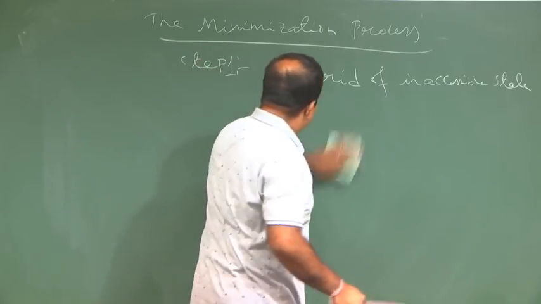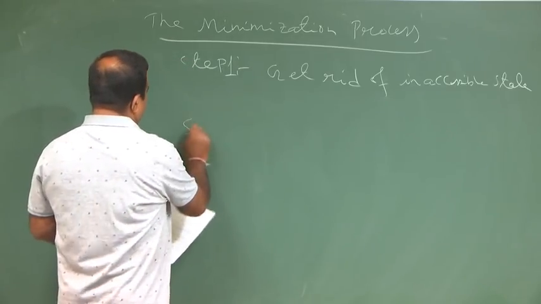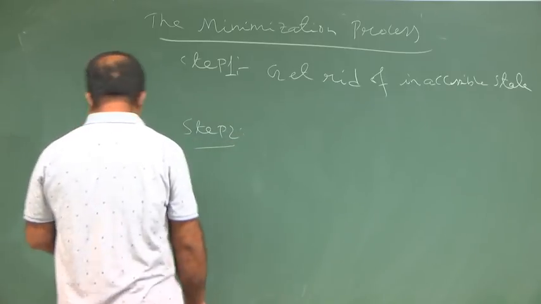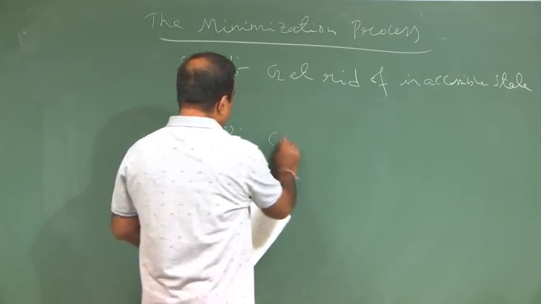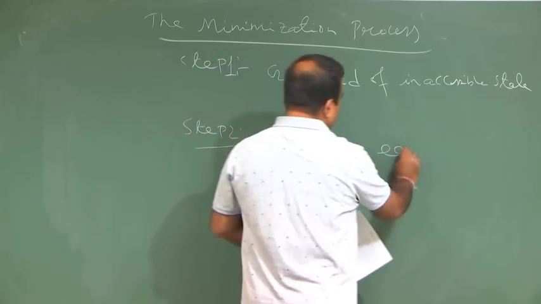This is one, and the second one is what we did with the equivalence classes. So, step 2: we are just collapsing equivalence states.